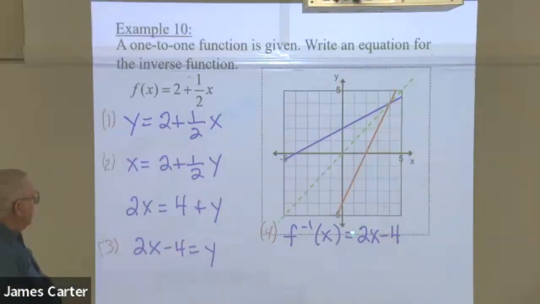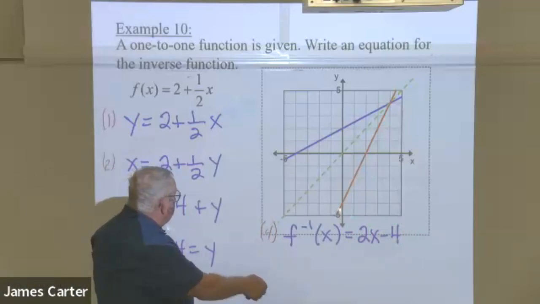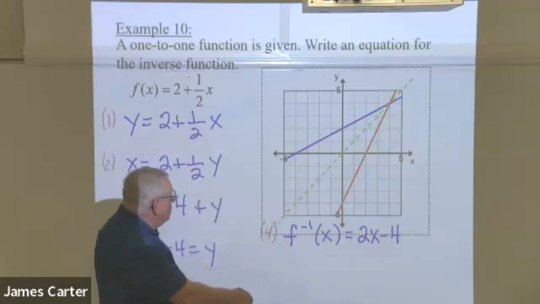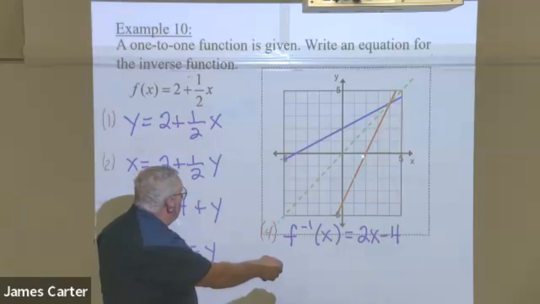Now, if we graphed this equation, here's the first equation, here's my y-intercept, and my slope goes up 1 over 2, up 1 over 2 for that first equation. For my inverse, -4 is my y-intercept, and the slope is up 2 over 1, up 2 over 1.